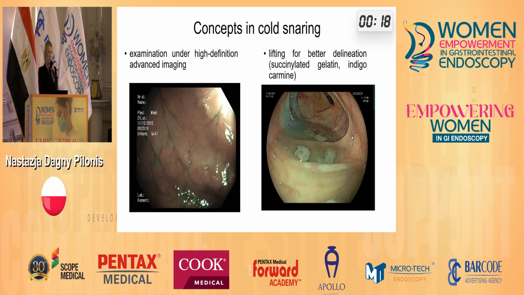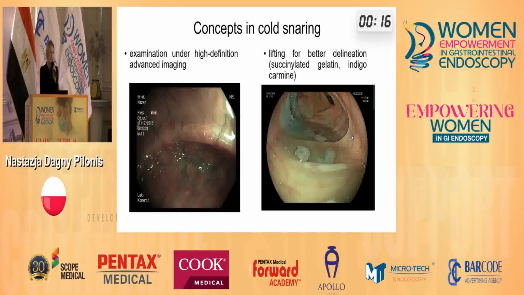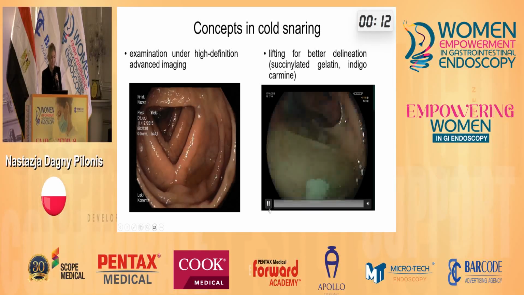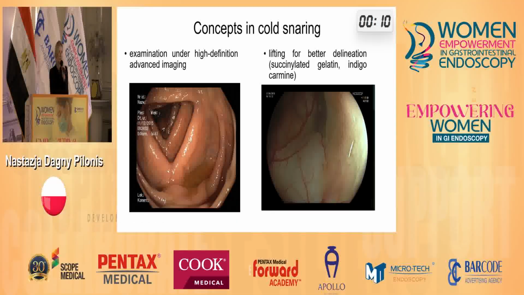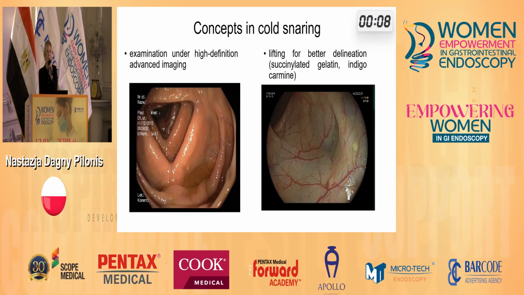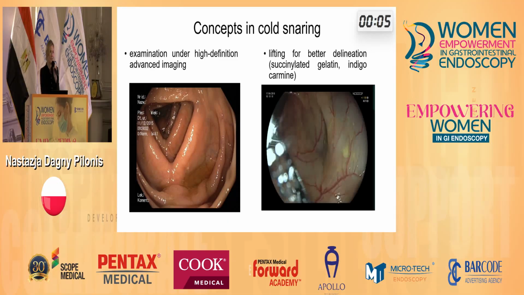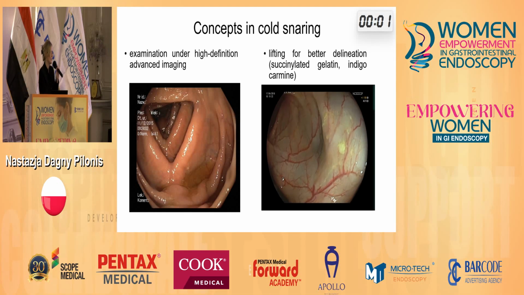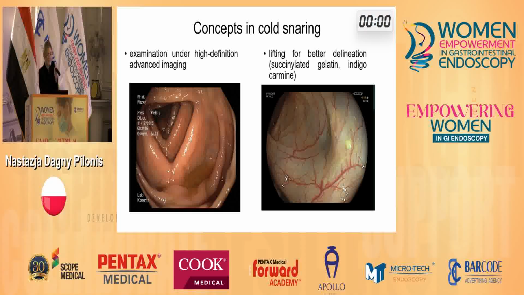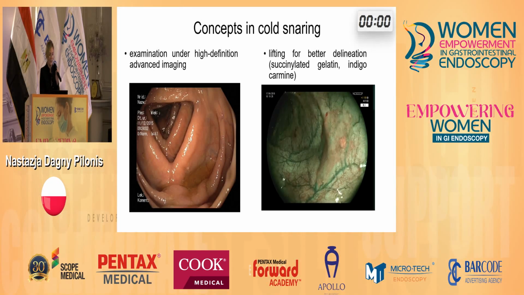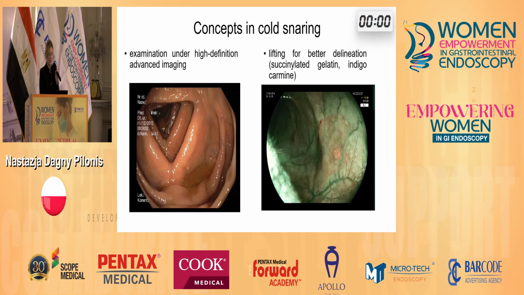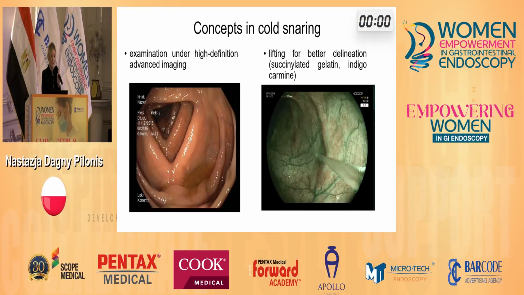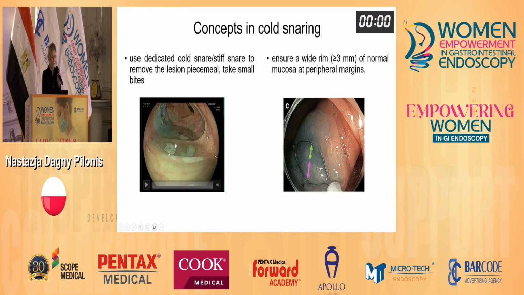What is important, I think, is that lifting is very helpful in those lesions. It allows us to create a cushion in the submucosa, so it pulls the muscle layer away from the mucosa and makes our resection easier, but it also really helps in delineation of the lesion, and you could see in this movie that after the injection, delineation was significantly easier.